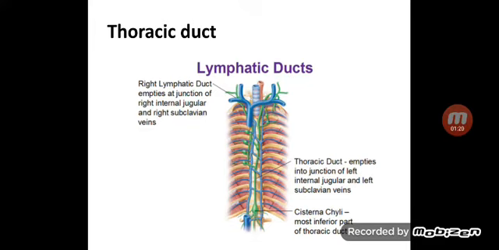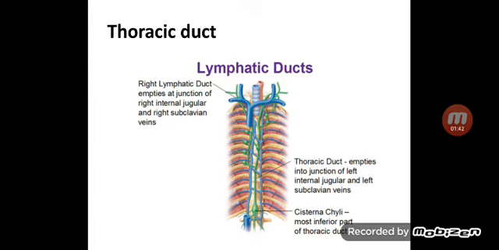So you remember that the thoracic duct ascends with the aorta. It ascends in the aortic opening in the diaphragm to enter the thorax. It is on the right side of the aorta, on the right side of the descending thoracic aorta.